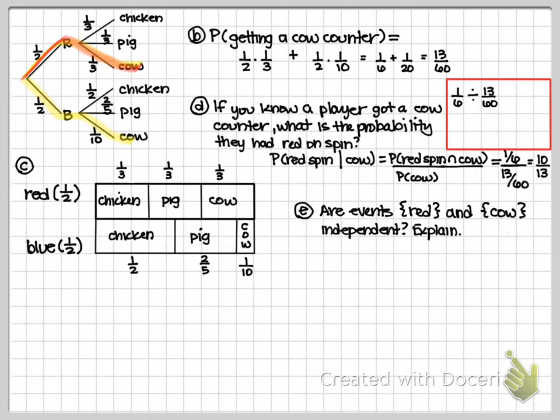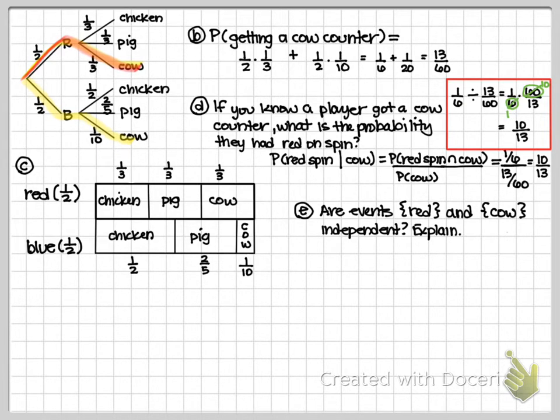Remember that that can be rewritten as leave the first fraction alone, change it to multiply, flip the second fraction over. Now I know that I can simplify because 6 goes into both 6 and 60 evenly. 6 goes into 6 once, and 6 goes into 60 10 times. So then now I would do 1 times 10 on the top, which is 10, and 1 times 13 on the bottom, which is 13. That's where I got my 13 from.